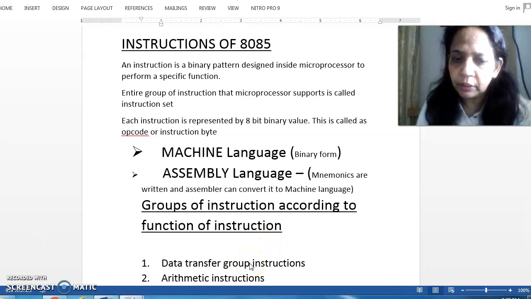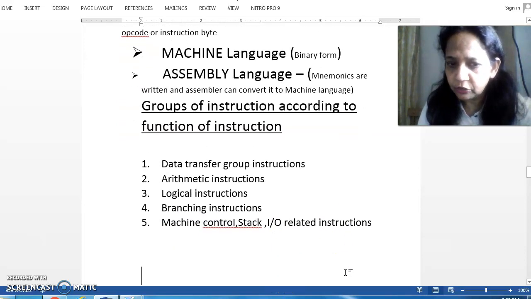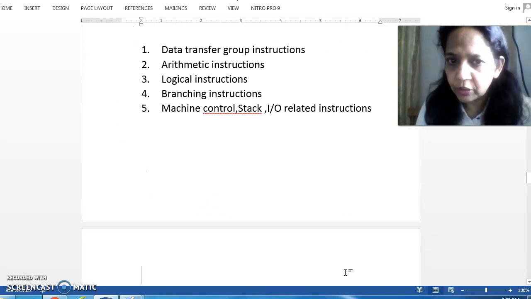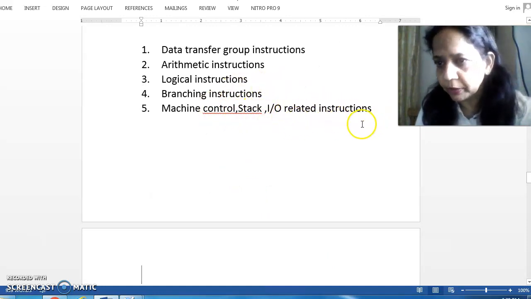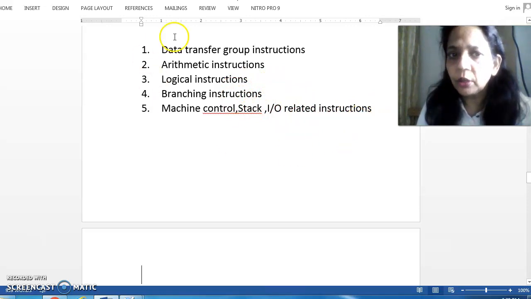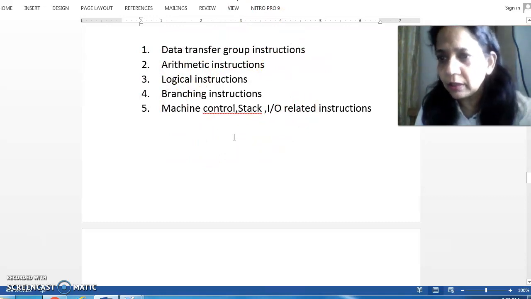The first one is the data transfer group, the second one is the arithmetic group, the third one is logical instructions, the fourth one is branching instructions, and the fifth one is machine control, stack related or IO related instructions. Now I will briefly tell you about this, and in detail we will see it later on.